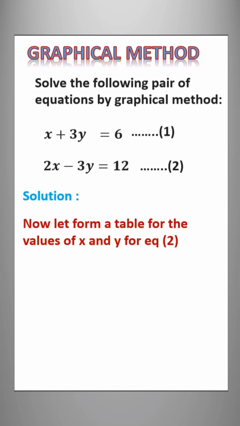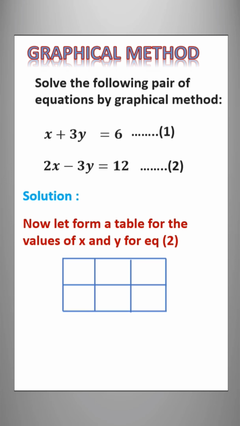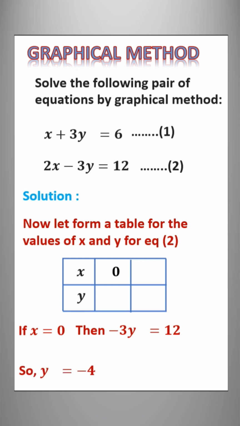Now let us form a table for the values of x and y for equation number 2. Here 2x minus 3y is equal to 12. If x is equal to 0, what happens? Negative of 3y is equal to 12, isn't it? So y is equal to 12 by negative of 3, that is equal to negative of 4.